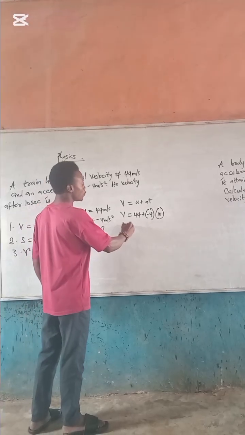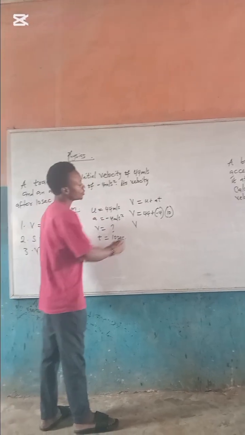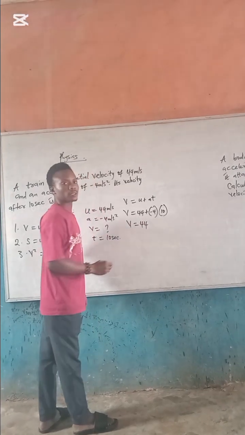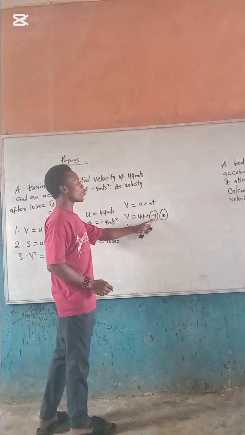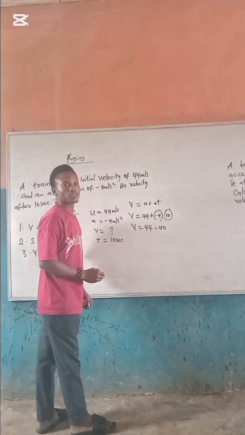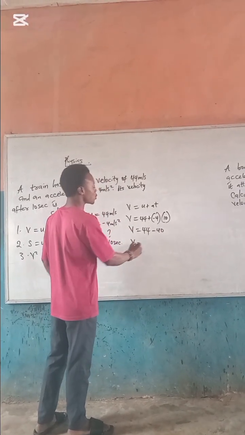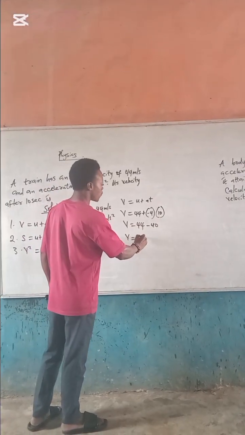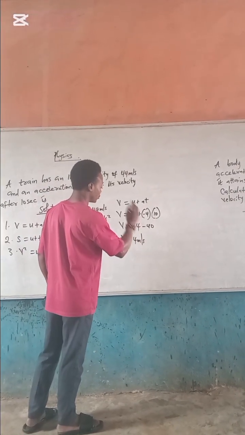So final velocity represented by V is equal to 44. Now minus 4 times 10, that is minus 40. So your final velocity is equal to 44 minus 40, which is 4 meters per second.